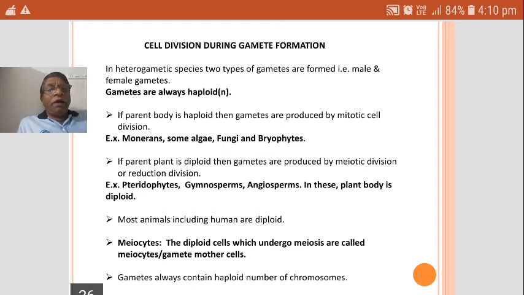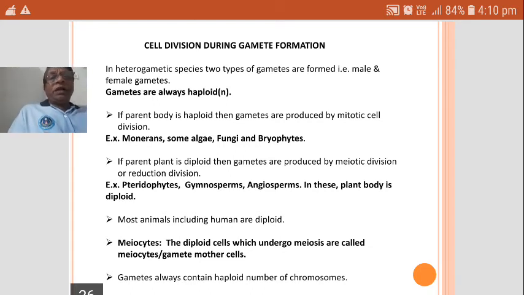Then, what about in animals? In diploid animals, you take example human being. In human beings, the reduction division takes place during gamete formation.